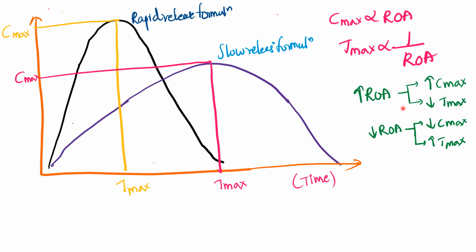So the higher the rate of absorption, the higher the Cmax, and the lower the Tmax. The lower the rate of absorption, the lower the Cmax, whereas Tmax increases. Tmax means the time it takes for the drug to reach maximum concentration after administration of the drug.